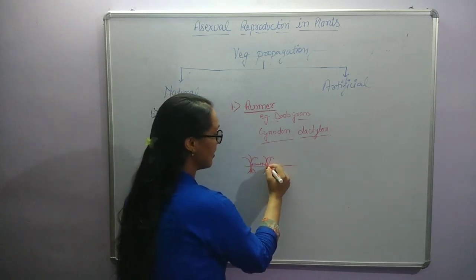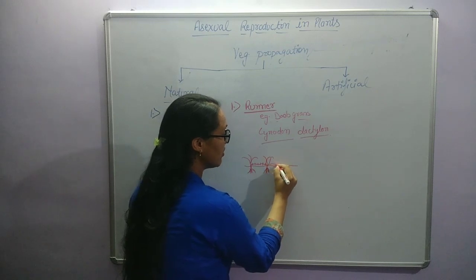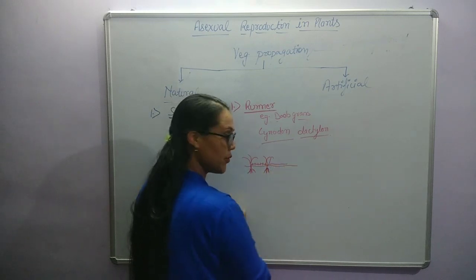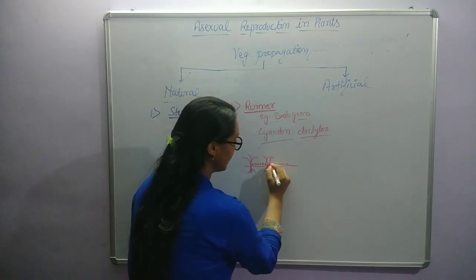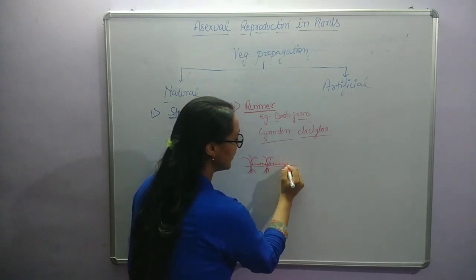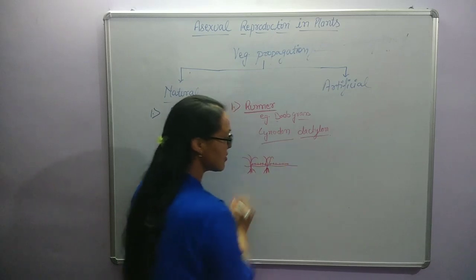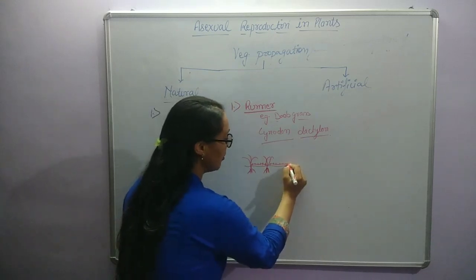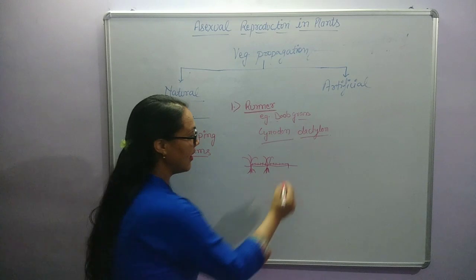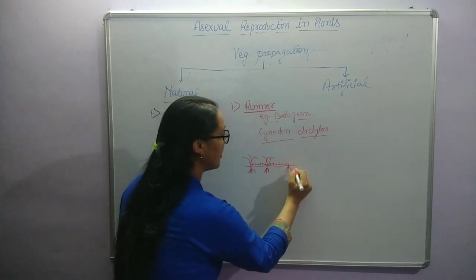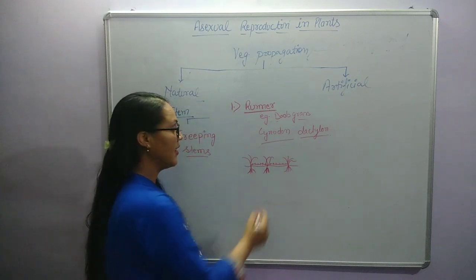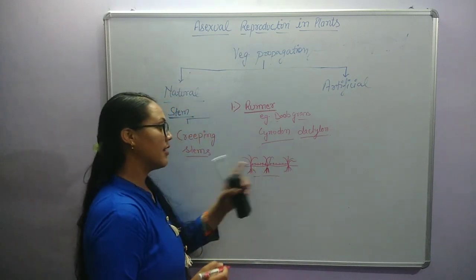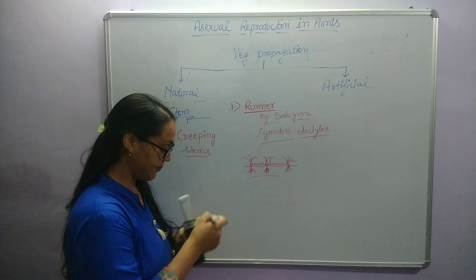In the next plant, again a horizontal branch is produced from a node, with multiple nodes and internodes. When this node touches the soil, it will give rise to a new plant. This is the case with runners.